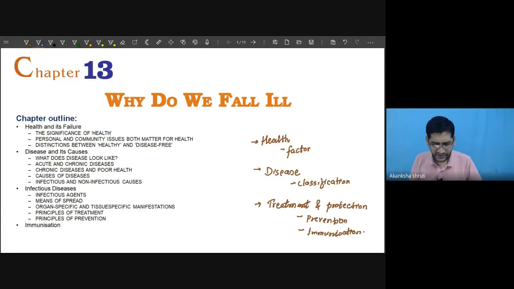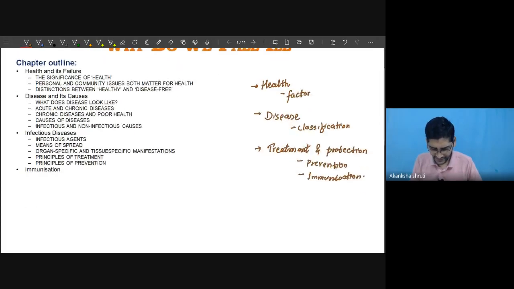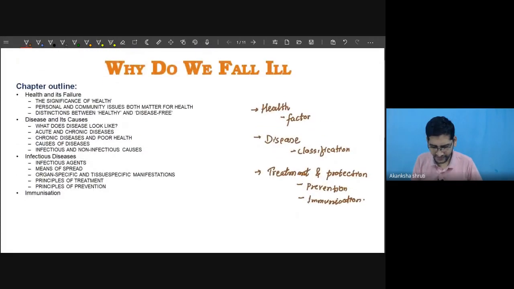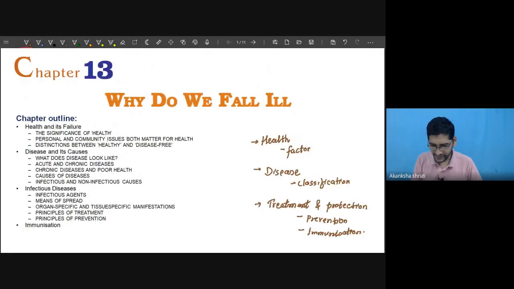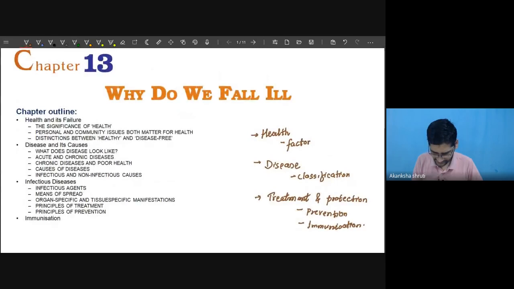Students, if we start with disease, but before disease, we have to understand what is health. So health is a term used for indicating personal happiness.